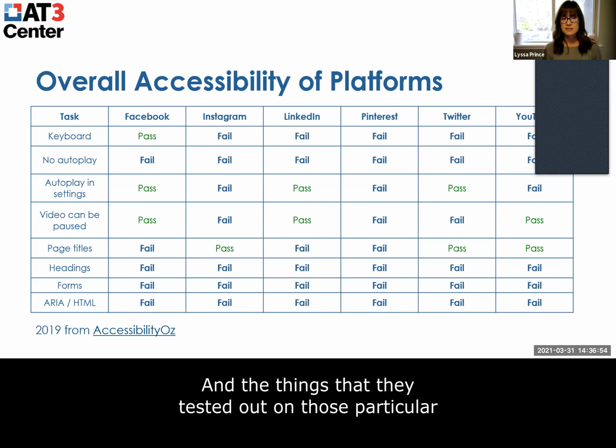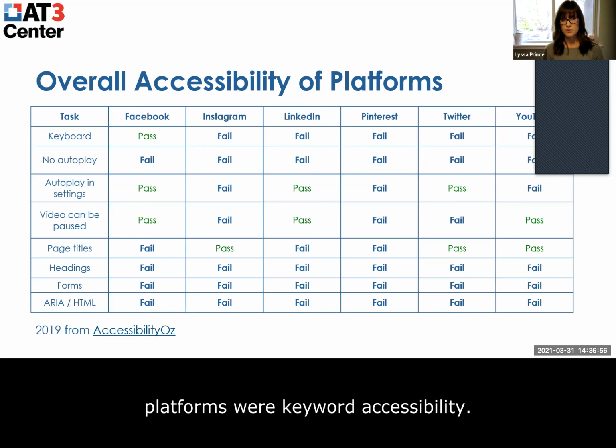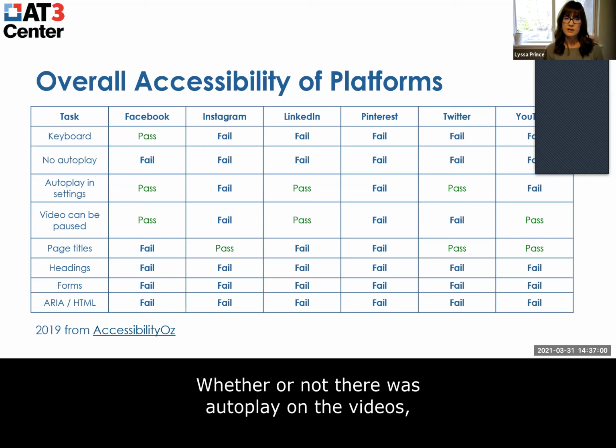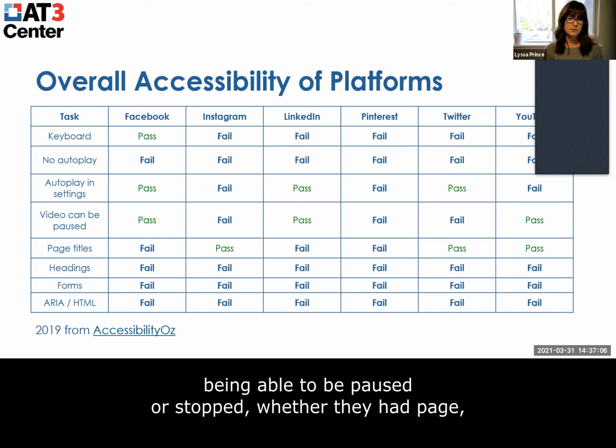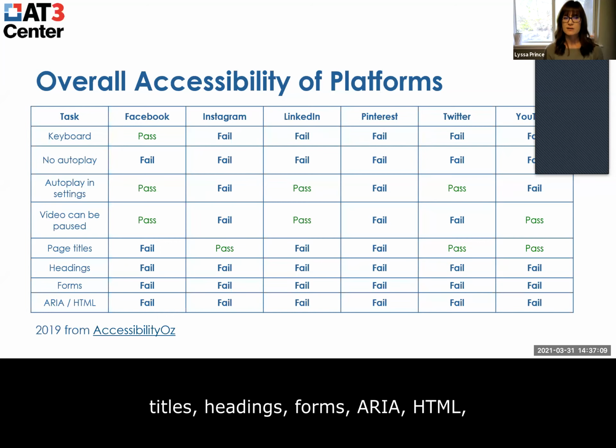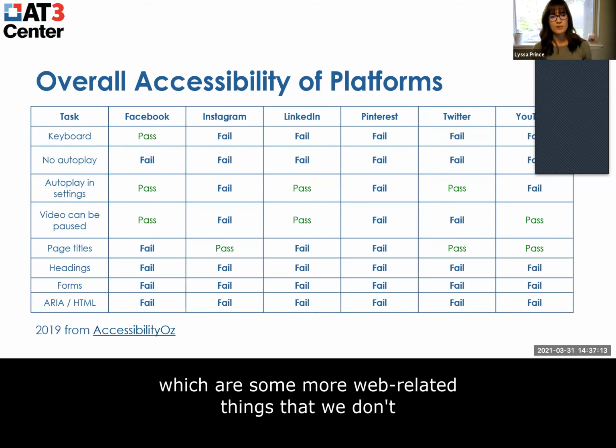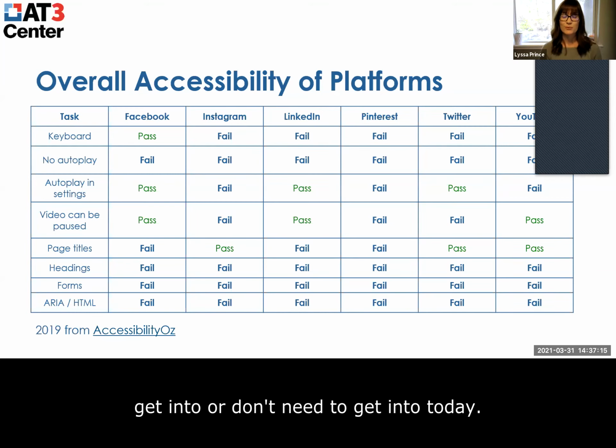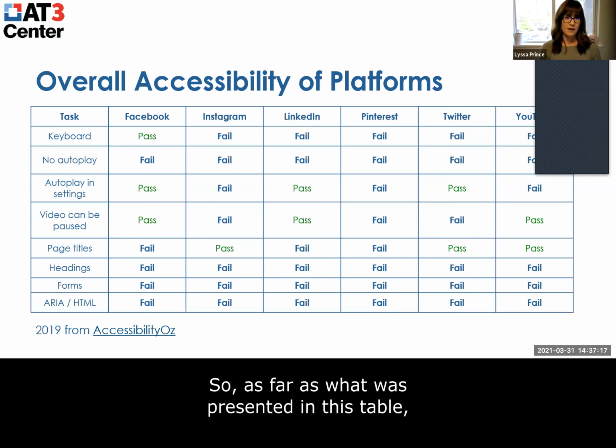And the things that they tested on those particular platforms were keyboard accessibility, whether or not there was autoplay on the videos, whether or not you could turn off autoplay, videos being able to be paused or stopped, whether they had page titles, headings, forms, ARIA, and HTML, which are some more web-related things that we don't need to get into today.